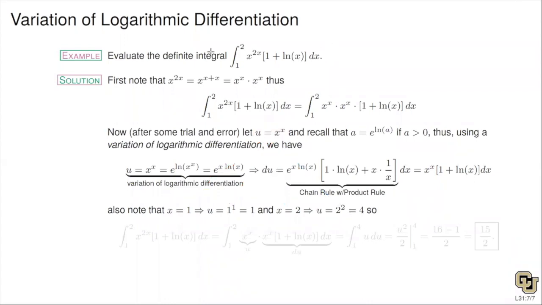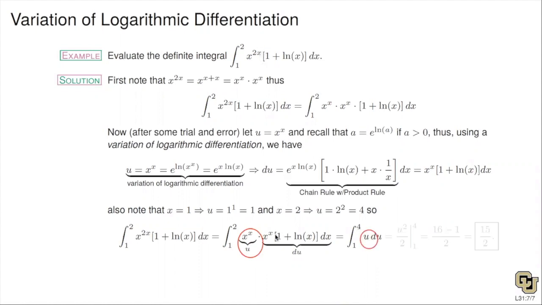And so now we can completely convert the integral. This messy looking integral, 1 to 2, x raised to the 2x times 1 plus ln of x dx. First, I factor the x to the 2x as x to the x times x to the x. And we can now do the complete u substitution. I convert it. Don't forget to convert the bounds. So I have the definite integral from 1 to 4 of, this first x to the x becomes a u.